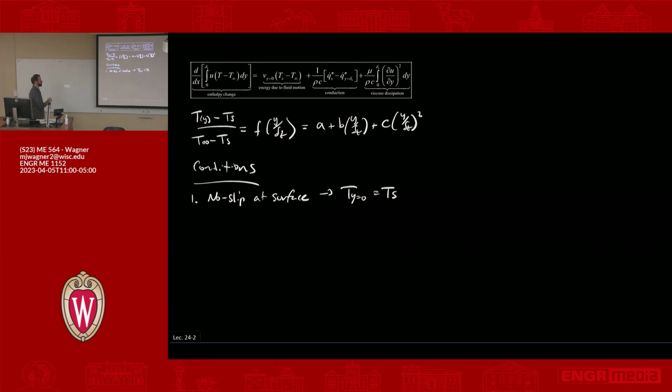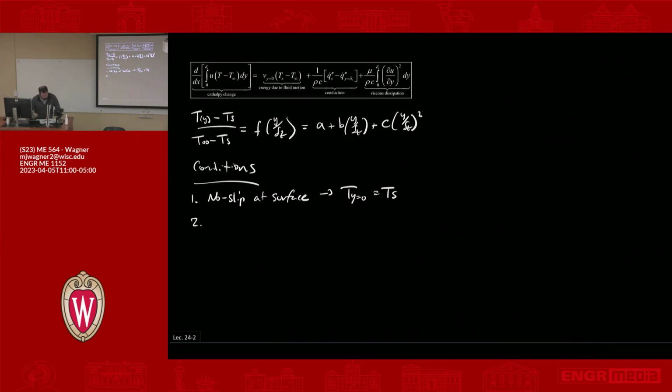No slip is saying that if you have velocity that's 0 between a fluid and the adjacent surface, the molecules of the fluid are right next to the molecules of the surface. They're not moving. So you're going to have the fluid temperature at y equals 0 equal to the surface temperature. It follows from no slip, but it's a weird way of saying it.